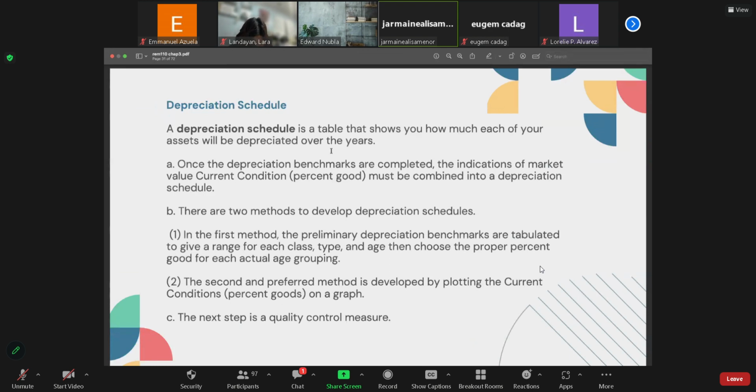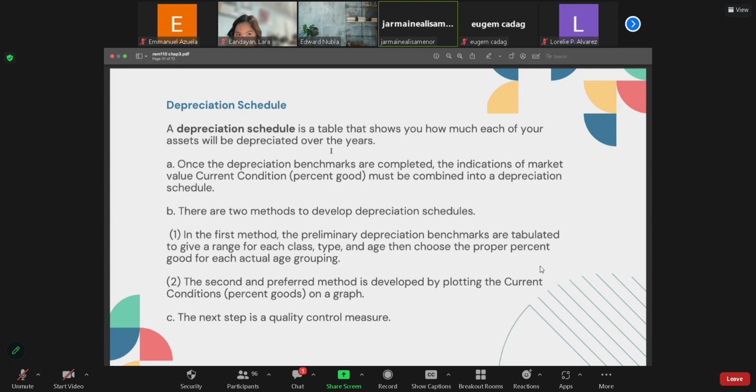Depreciation schedule. What is a depreciation schedule? A depreciation schedule is a table that shows how much each of your assets will be depreciated over the years. Once the depreciation benchmarks are completed, the indication of market value, current condition, percent good, must be combined into a depreciation schedule.